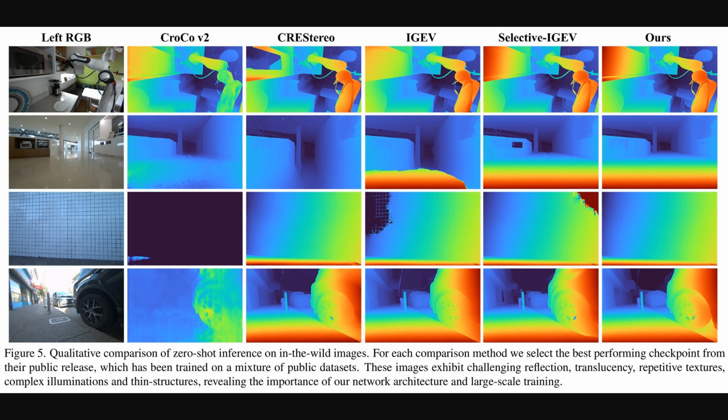Then we see the disparity maps predicted by several other methods: CroCo, CREStereo, IGEV, Selective-IGEV, and finally, FoundationStereo, labeled ours. You can see how the other methods sometimes struggle with reflections, repetitive textures like the tiles, or thin structures. FoundationStereo generally produces much cleaner and more plausible results, visually confirming that strong generalization capability we discussed.